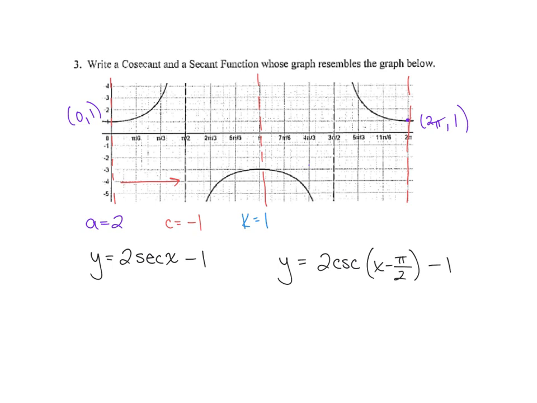And that should represent for us our secant and our cosecant functions of this curve. So we can use those asymptotes to help us with what's happening with our function here. And so now you're able to look at the graph and write for yourself a secant, a cosecant, as well as, for the questions we did before, a sine and a cosine graph.